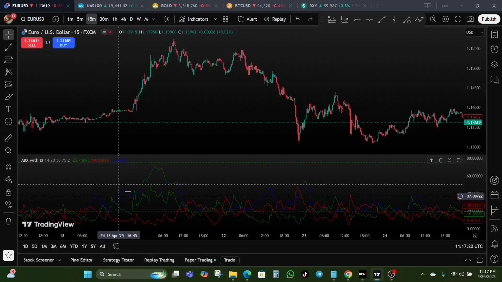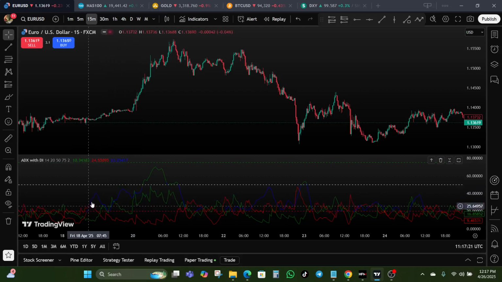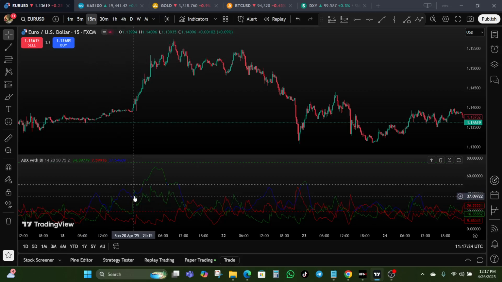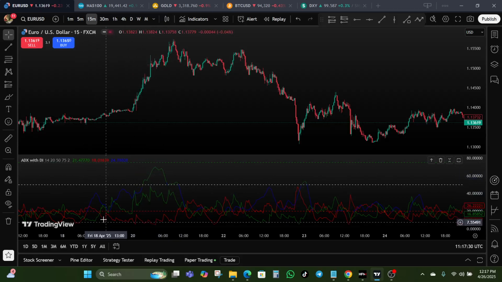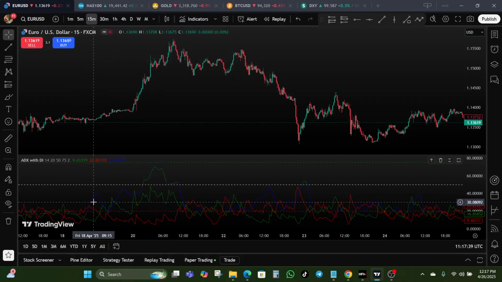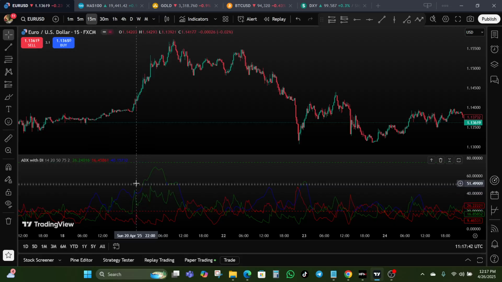Then when the ADX line is blue, it's just like in the midpoint, right? So you will see that this same line changes from green to blue to red. The negative DI and positive DI lines are different. The ADX line itself is changing color based on the strength of the trend. All right, so this visual upgrade makes it much easier to react quickly without second guessing.